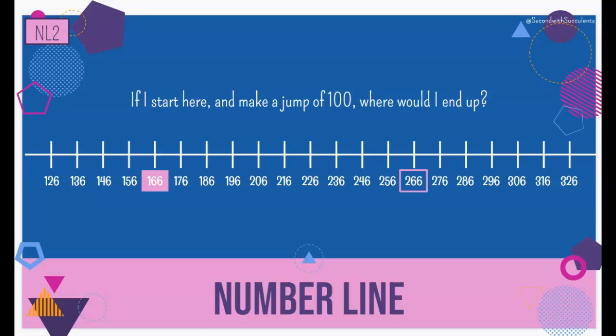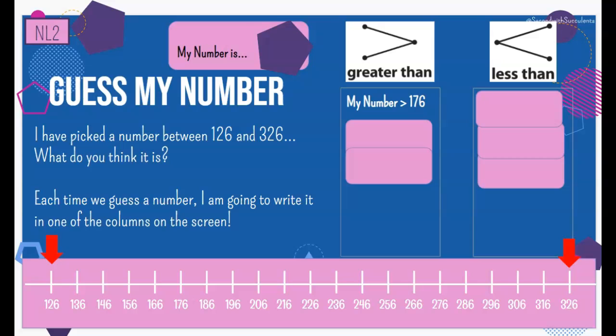If you said 266, good work. It's like taking that big jump with Kangaroo of 100 to the next 100. 166 jumps all the way to 266. Now that we've warmed up our brain a little bit, let's play Guess My Number.